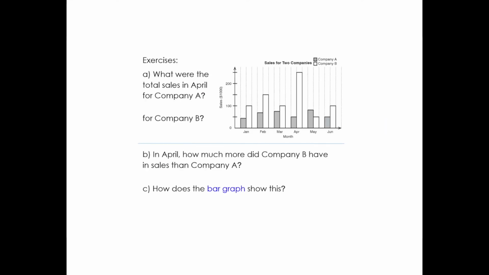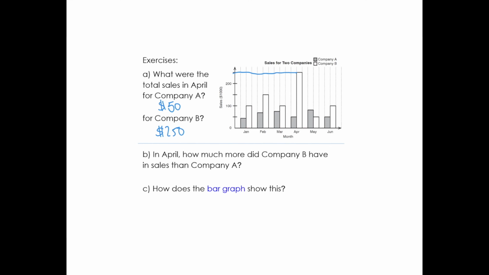What were the total sales in April for company A? So company A, which is right over here, it looks like it's about $50. And for company B, which is right here, it goes all the way here. Now I would recommend using a ruler so you can line it up, and you would see it's about $250.